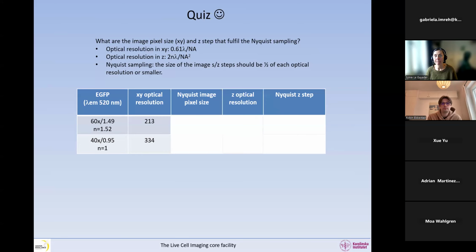It should be half of the resolution. So 213 divided by 2, super simple. Yes, absolutely. Once we have the optical resolution, we just divide by 2.